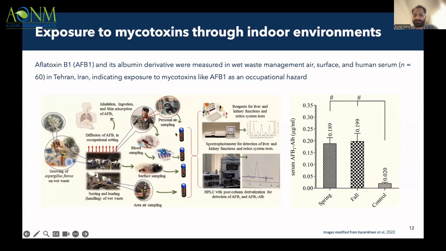Some people were working in spring and others in the fall, and there was actually no difference between the two. But of course, there was a difference compared to people not working in the facility. So when you're working in a facility, or in an environment where there is mycotoxin exposure risk, you see that in the test results too.